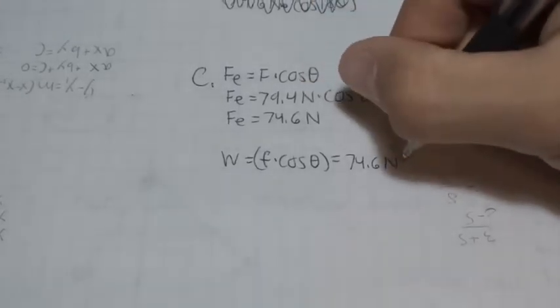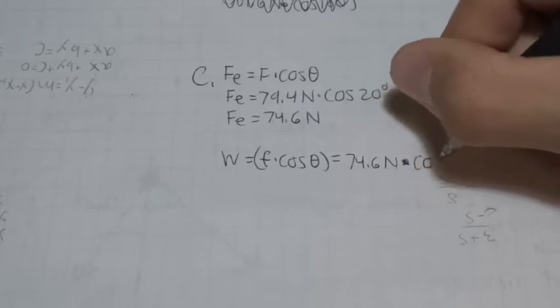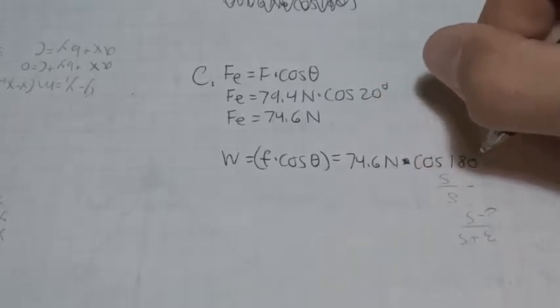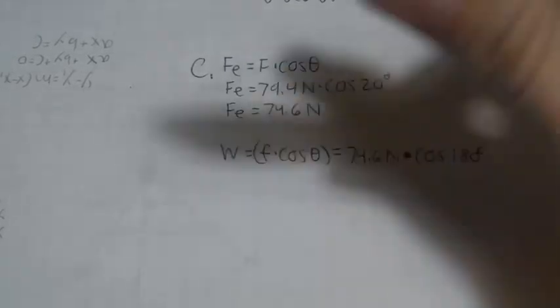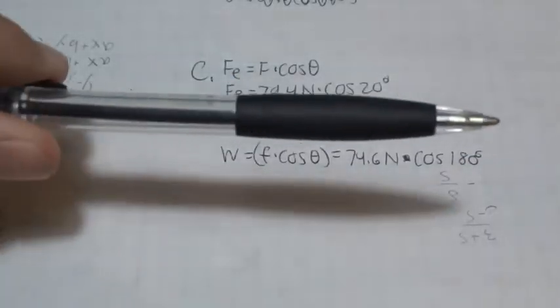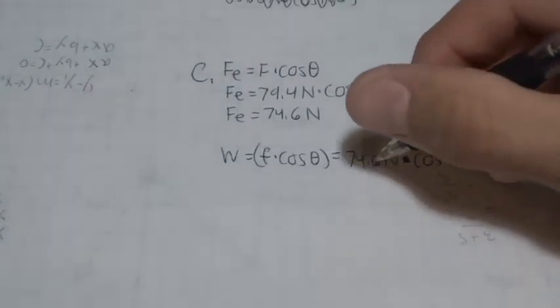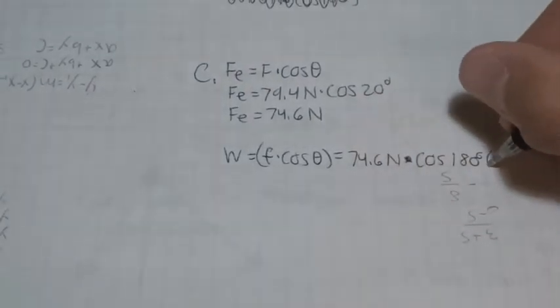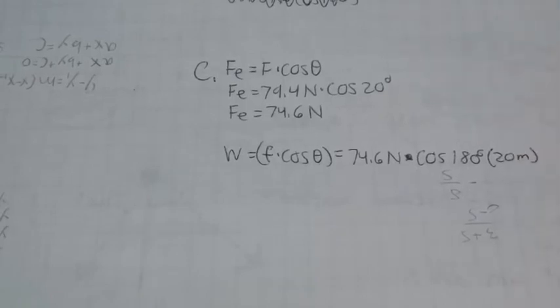Then we need to multiply that by the cosine of 180 degrees, because friction is going in that direction, and so far we've solved it in that direction. And again, we're looking for it on friction. So times that, and then we have to multiply 20 meters as our delta x.